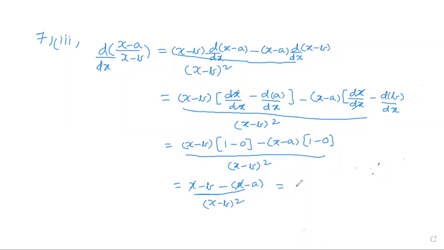What remains is b: minus is minus b, and minus is plus a, over the denominator x minus b whole square. Now the answer is a minus b by x minus b whole square.